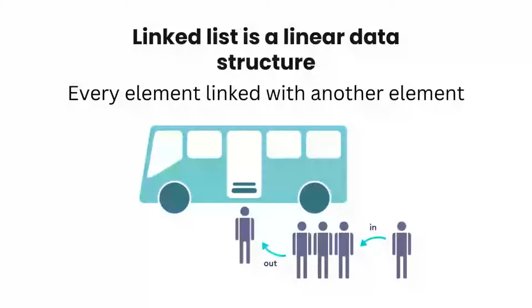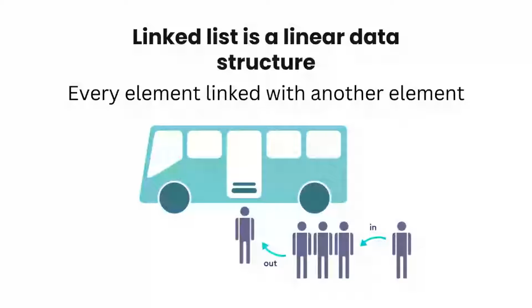In other words, person B is dependent on person A. Similarly, in a linked list and in arrays also, every single element is dependent on an element nearby. Now the legit question someone can ask: if this is an example of an array as well as a linked list, then what is the difference between both of them?